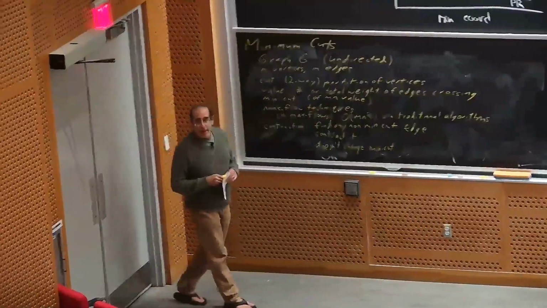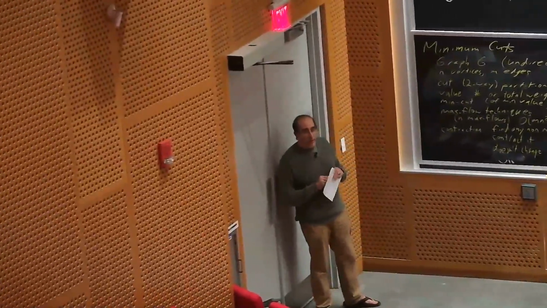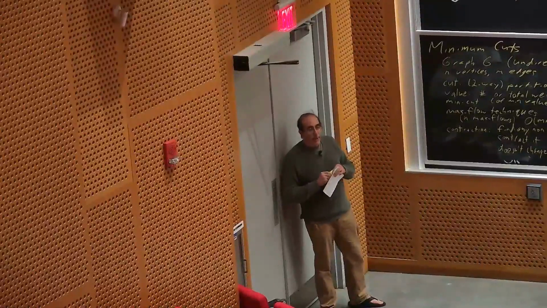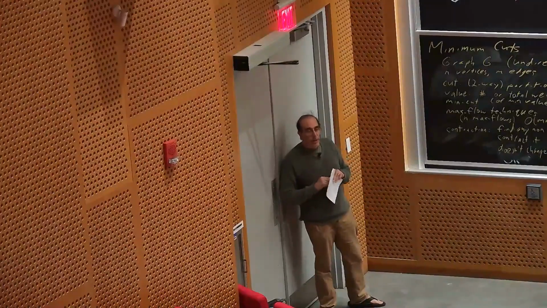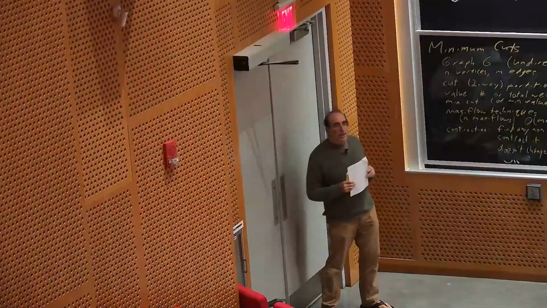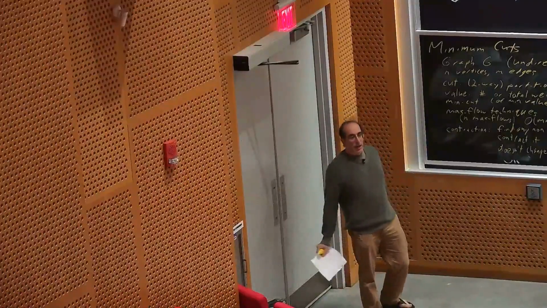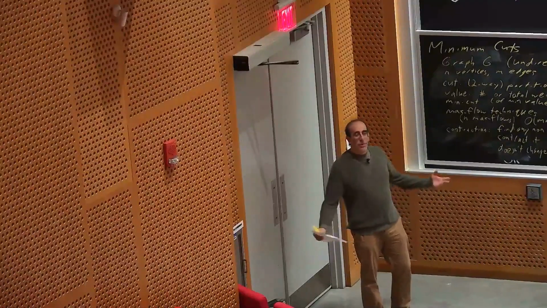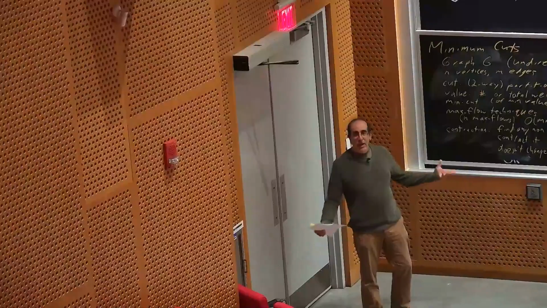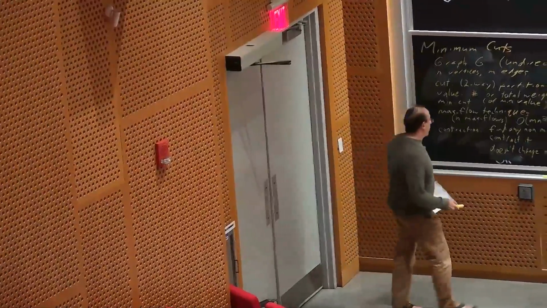Contracting an edge destroys some of the cuts in the graph, but if it's not crossing the minimum cut, it doesn't destroy the minimum cut. So the minimum cut is still there, and it doesn't make any cuts smaller. So whatever was the min cut is still the min cut, and so you can recurse.